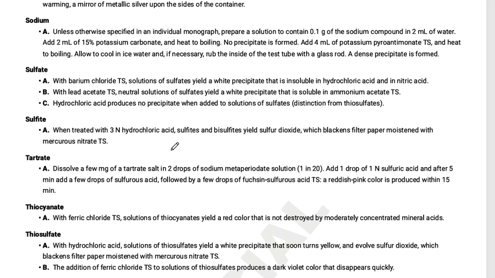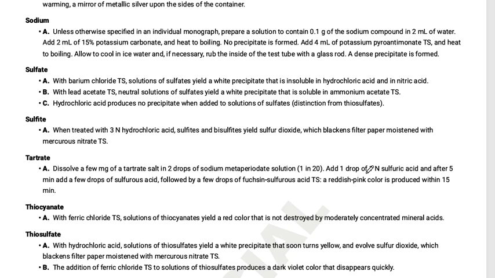So, for instance, if there was tartrate, and I think that I'm working with tartaric acid, then dissolve a few milligrams of that salt into 2 drops of sodium metaperiodate solution. Again, it should be very short, very sweet, very simple.